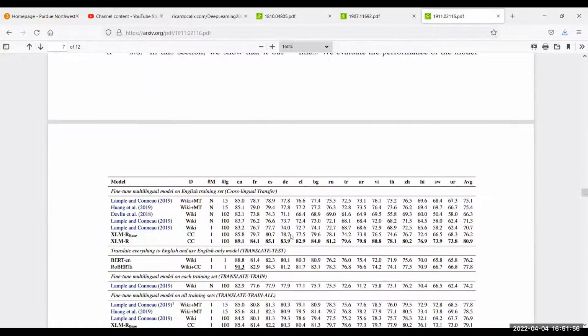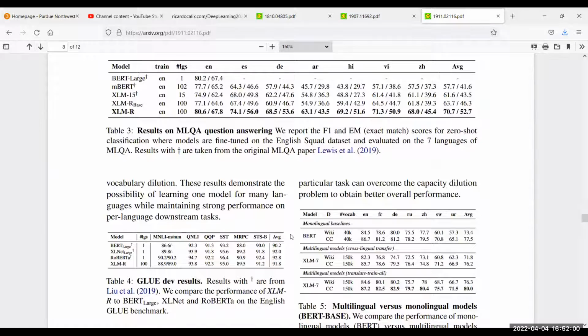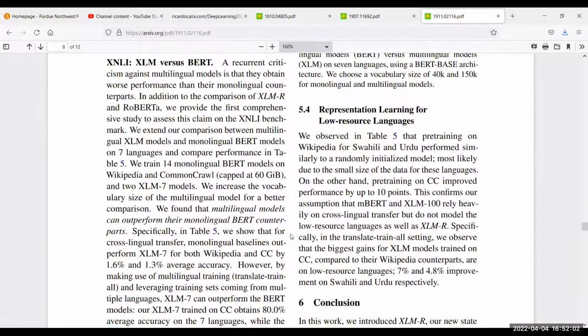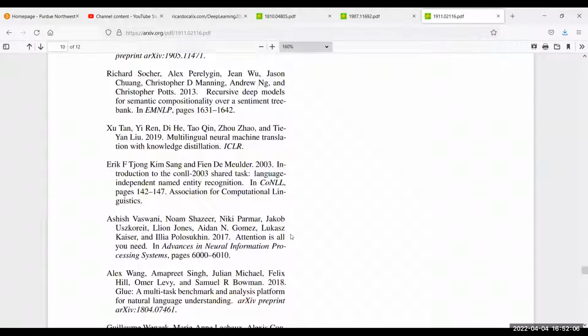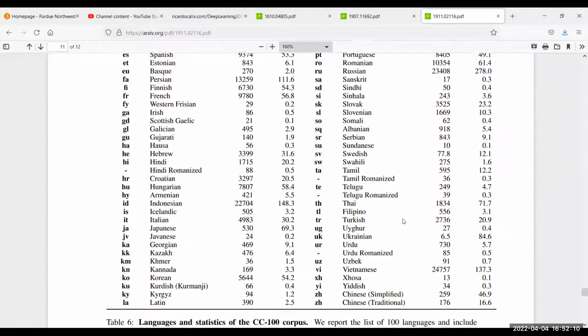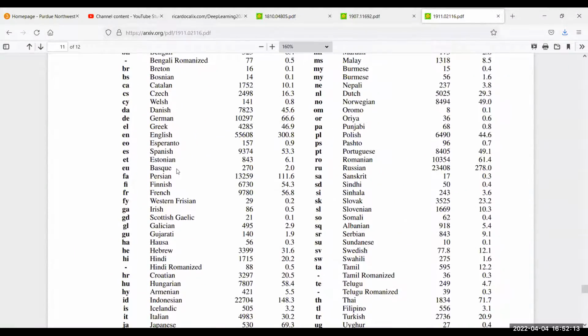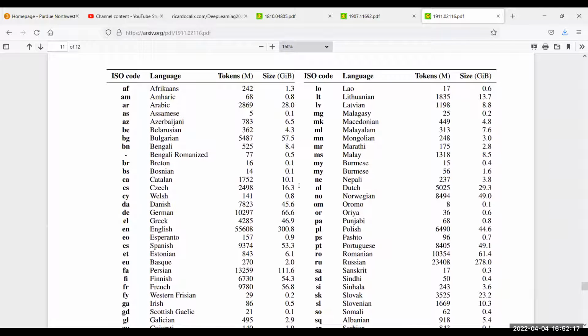And then here, you can go through all these details, so there isn't that much to say. I just want to show you one thing. These are the 100 languages that it was trained on. If you look here, English had 300.8 gigabytes of data.